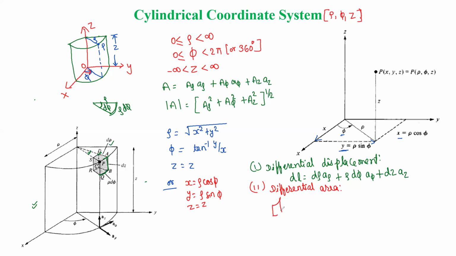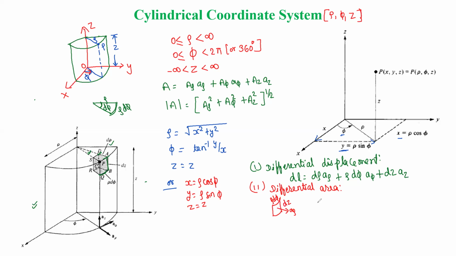The arc length is rho d phi, and the vertical is dz. The area vector is radially outwards, that is a rho.